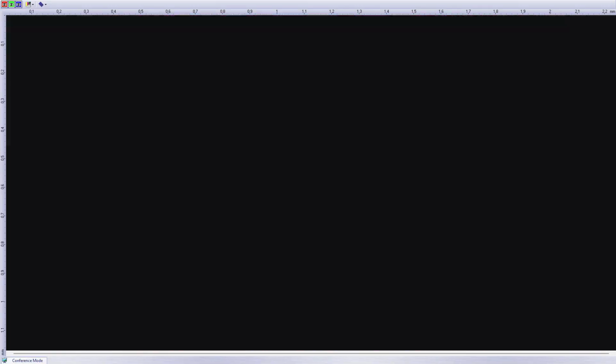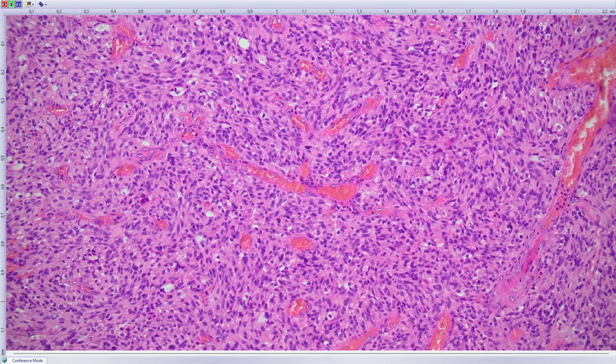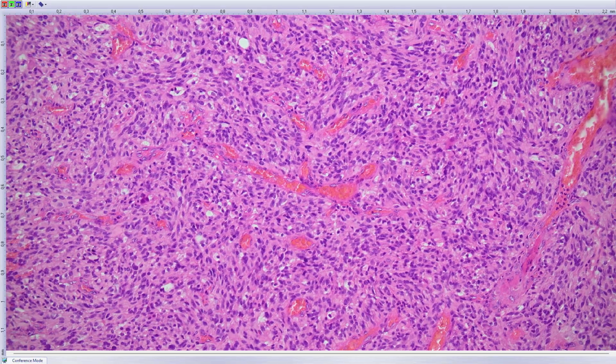In addition, it shows more of a spindle cell appearance. So I had a couple of differential diagnostic considerations, including meningeal tumors, but it's not meningioma. We have performed methylation profiling.